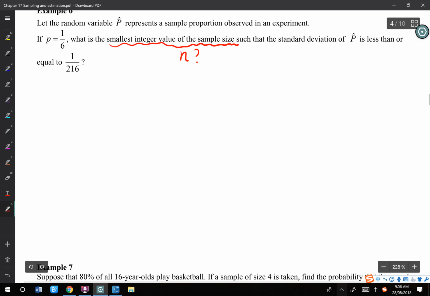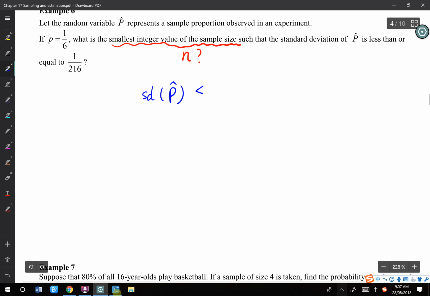I'm looking for n, such that the standard deviation of p hat is less than or equal to 1/216. That's what you want.